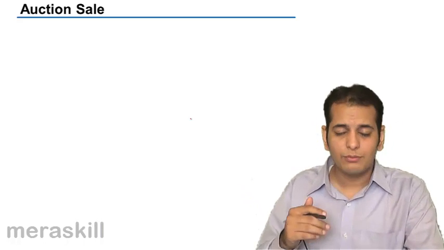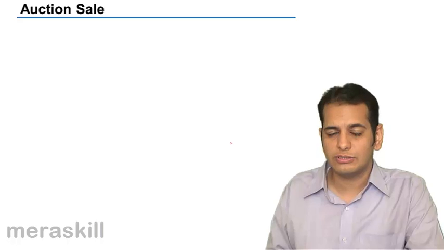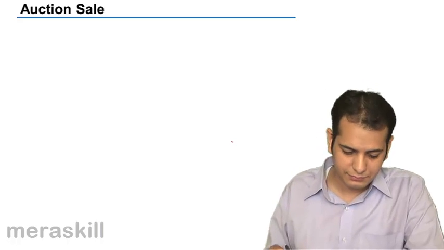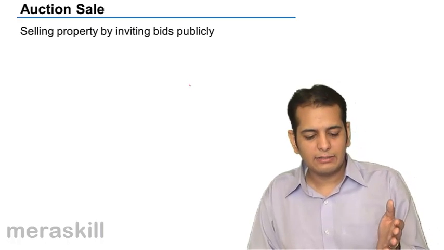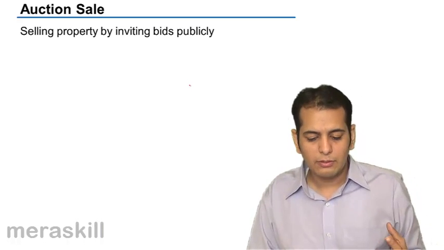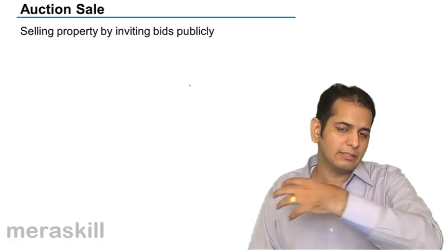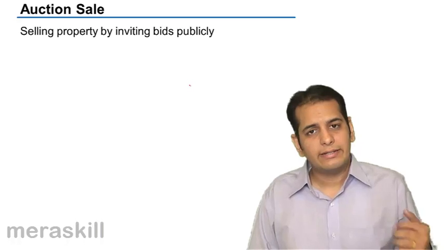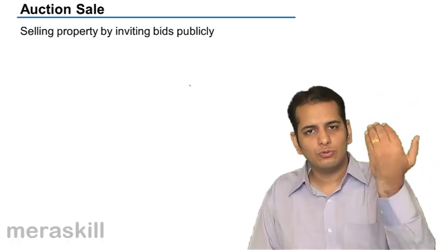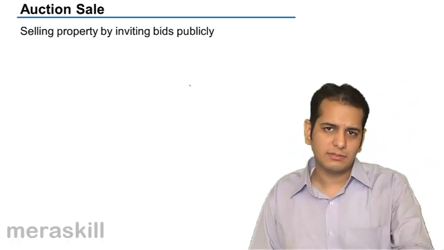Now let's see what are the provisions related to auction sale in this act. First, we've already studied that property or goods are sold by inviting bids publicly. The prospective buyers are called and they bid. So the seller or the auctioneer invites the bids publicly.